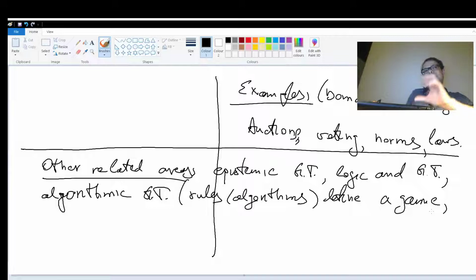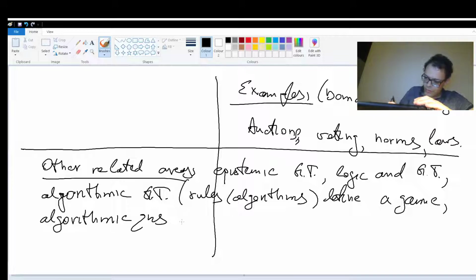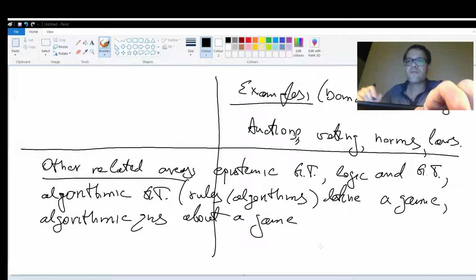And also, given a game, we can look at how can we find some equilibrium in this game, which we have not yet defined. So we can also ask algorithmic questions about a game. So there is definitely a strong interaction between those two areas.